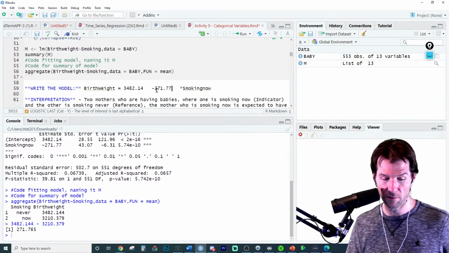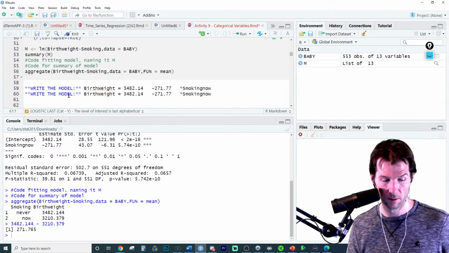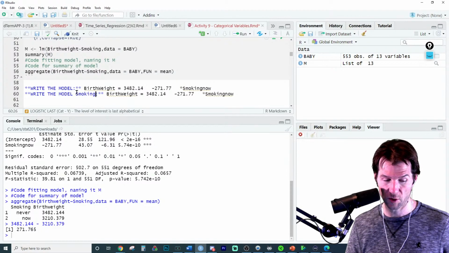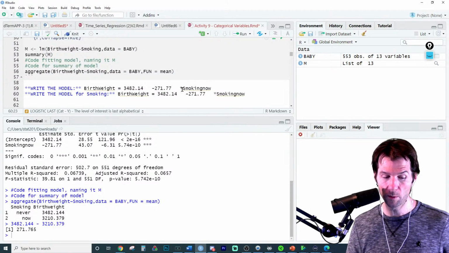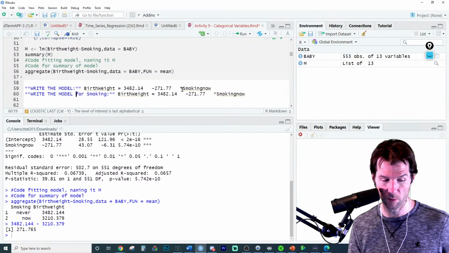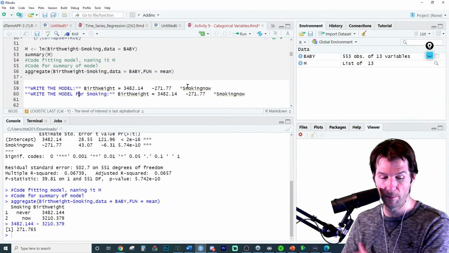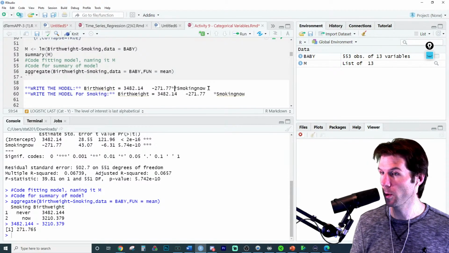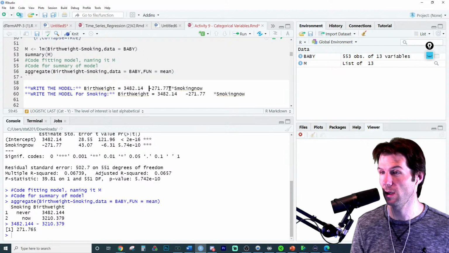And if this is the full model here, what if a mother is smoking? So if a mother is smoking, what would we plug in? These are the key things to know.